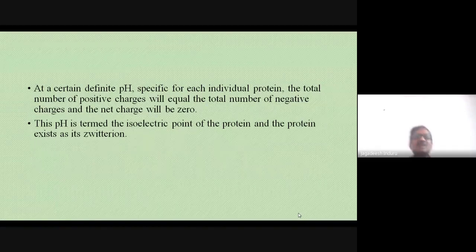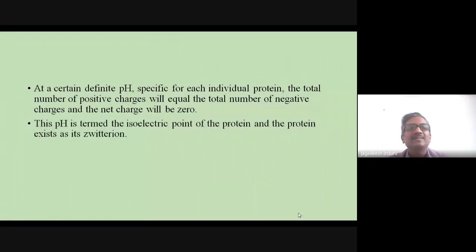So, see where you are going to use this. That is actually a GPAT question. The second line, what you are seeing in this slide, is a GPAT question. Isoelectric point. This one you are going to have in a GPAT-like question. The pH is termed as the isoelectric point of the protein, and the protein exists as a zwitterion, and it will have the least solubility at a certain definite pH, specific for each individual protein.